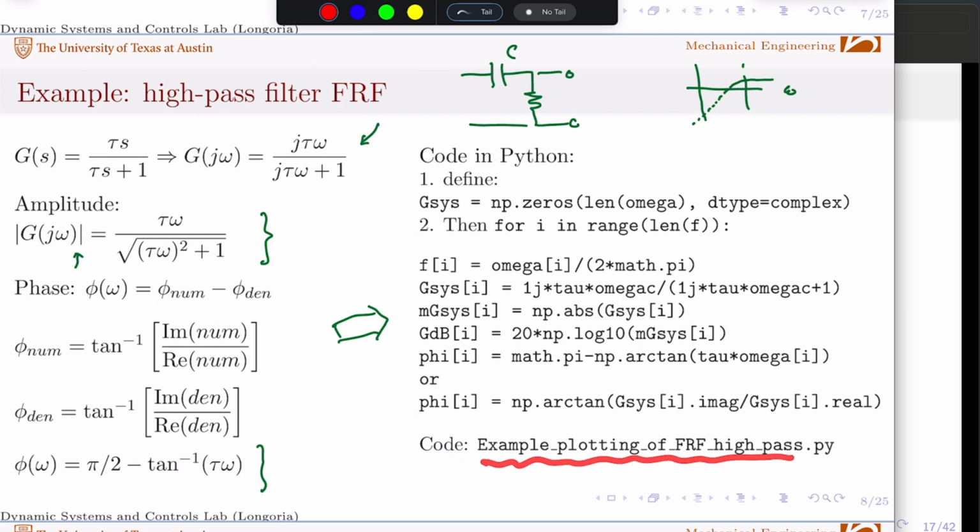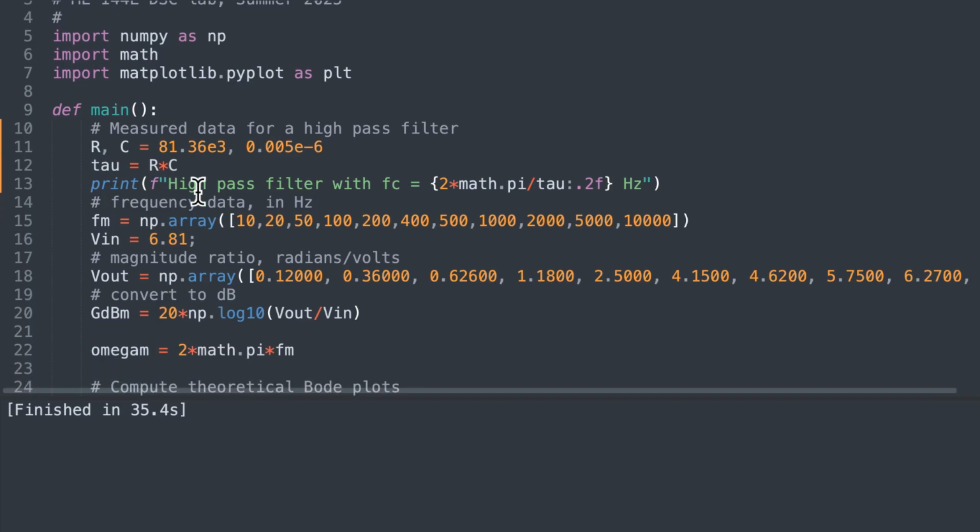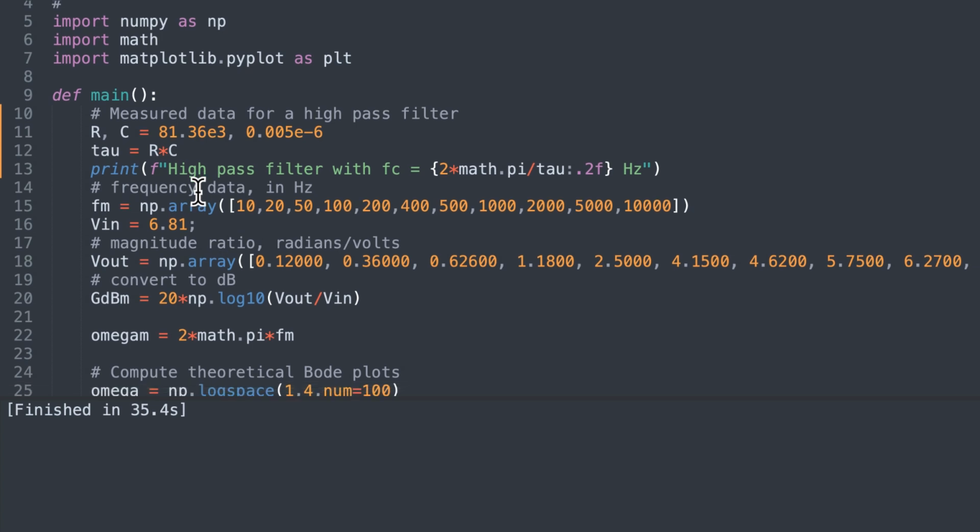I've posted this example on the course website. Let me bring that up. What I did is I ran a few little experiments, and I only measured the magnitude. You can see here I've got different frequencies and some specific resistance and capacitor values.